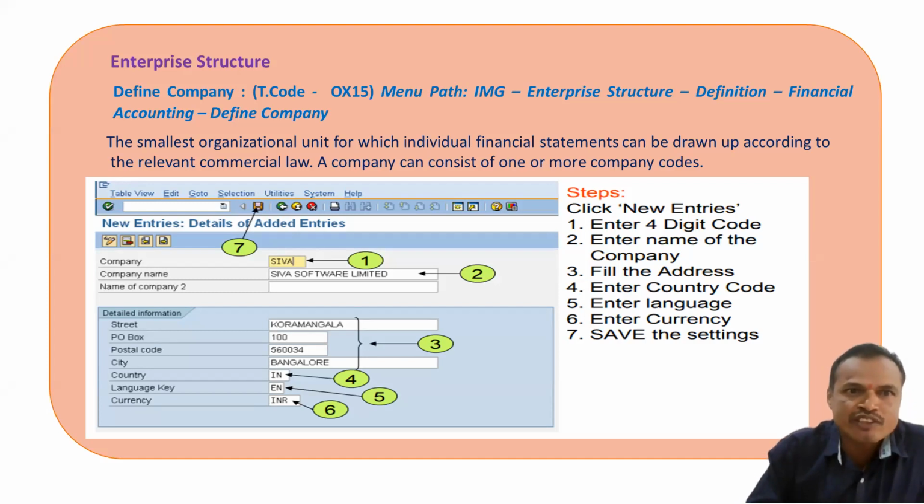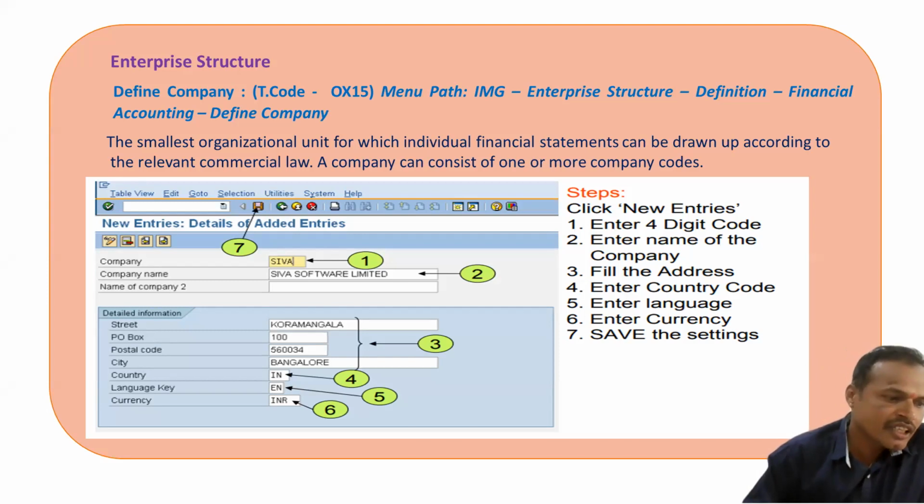In that, we have to define a company. The T code is OX15 and the menu path is IMG, Enterprise Structure, Definition, Financial Accounting. In that, we have to create certain settings like define company.